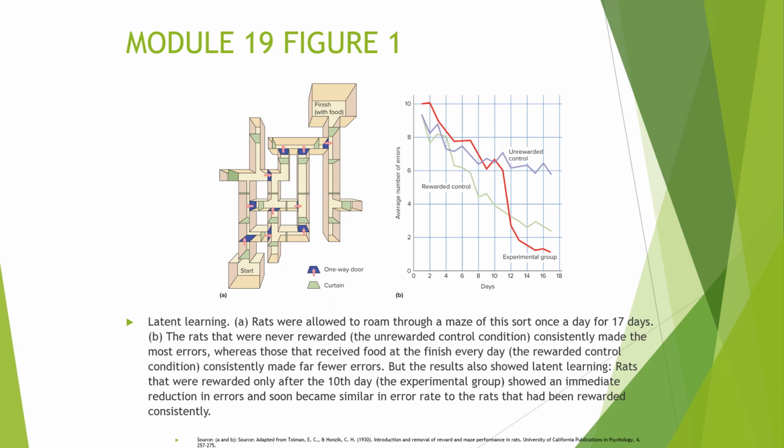So now on day 11 and day 12, you can see that they went right to the finish box where they got food, because they had learned previously all the different curtains and all the different one-way doors that they get through in order to get reinforced. So there was some learning that occurred even though there was no reinforcement, although you didn't see what they learned until they did get reinforced.